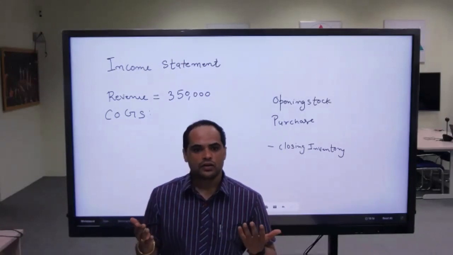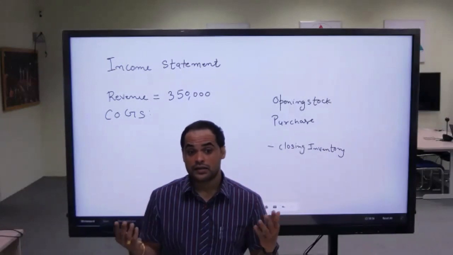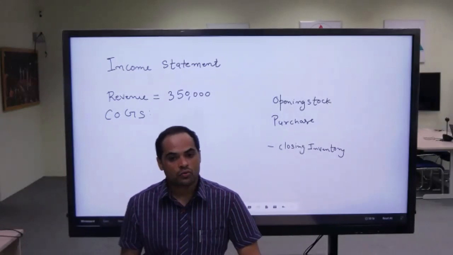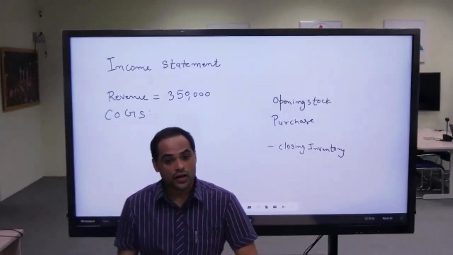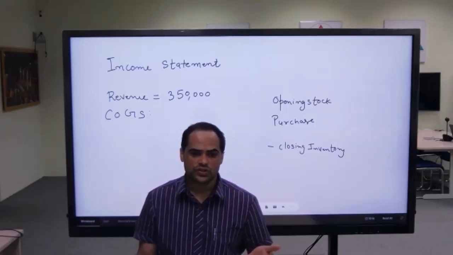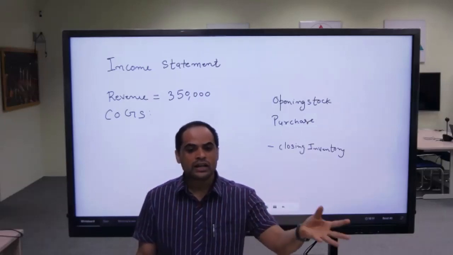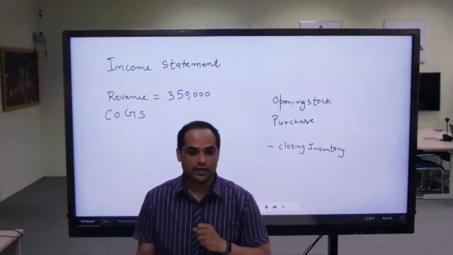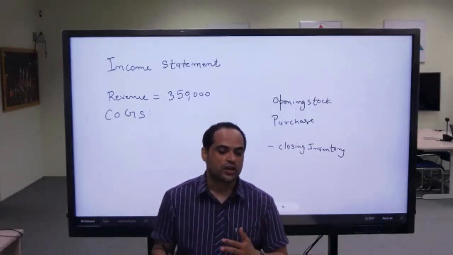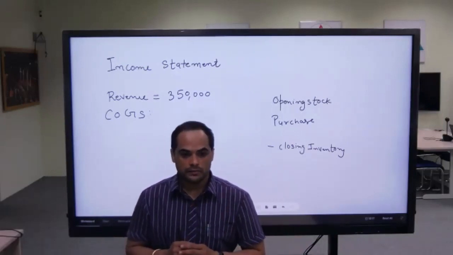For example, the cost of the drivers. In other words, if we rent a truck and pay money for it, that's also part of the carriage inward. Carriage means the transportation cost or any other kinds of cost related to raw material which we bring inside the factory.